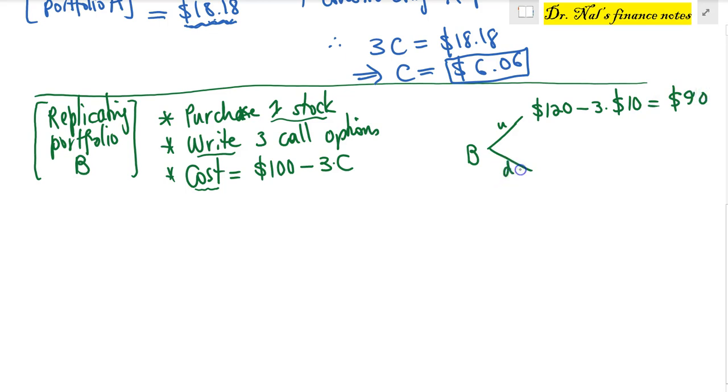In the down state, the stock a year later will be worth $90, and the 3 call options that I wrote will expire worthless, which is good for me. And wow, look at that! Regardless of the stock price in the next period, portfolio B always gives me a $90 outcome, which is pretty good.